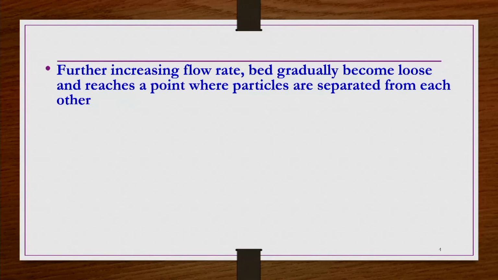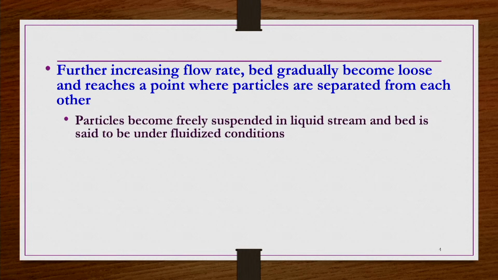Further increasing the flow rate, the bed gradually becomes loose and reaches a point where the particles are separated from each other and become freely suspended in the liquid stream, and the bed is said to be under fluidized conditions. The same thing we are going to see pictorially in the next slide.